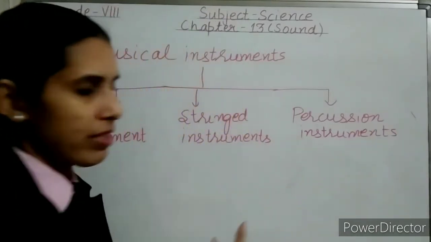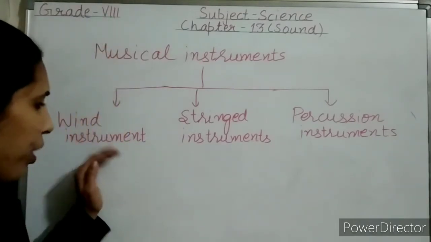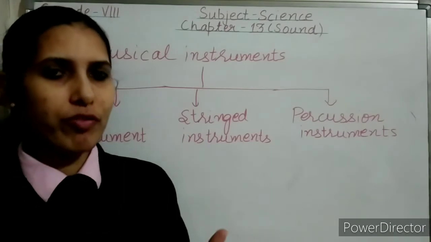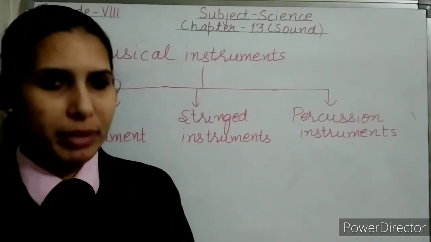And one more type is there that we call plate type instruments. Let's first talk about the wind instruments. We will notice that in different types of instruments, there are different objects that vibrate.